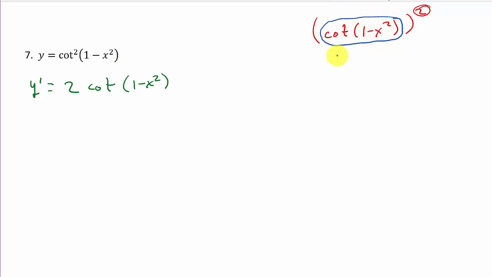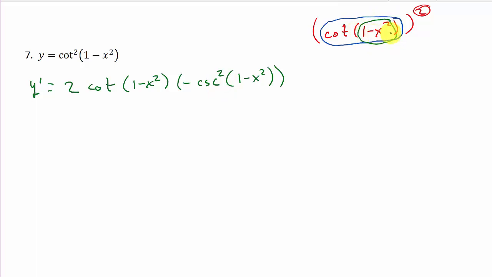So what's the derivative of cotangent? Well, derivative of cotangent is negative cosecant squared 1 minus x squared, right? So the derivative of cotangent is negative cosecant squared times the derivative of what you're taking the cotangent of.